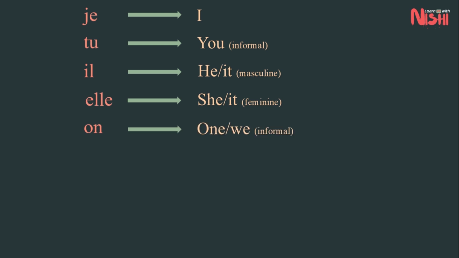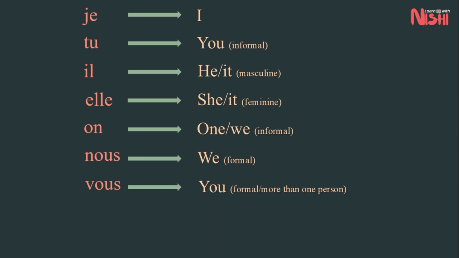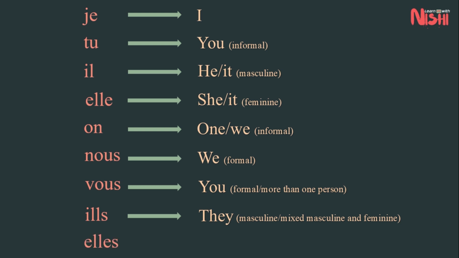On is one or we, informally. Nous is we, formally. Vous is you, formally, or if there is more than one person. Ils, they, for masculine or mixed masculine and feminine. Elles, also they, for feminine.